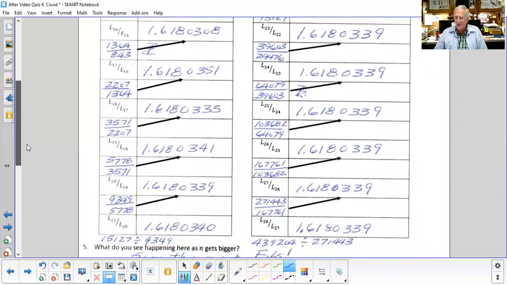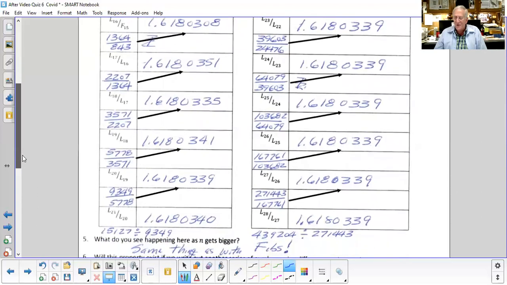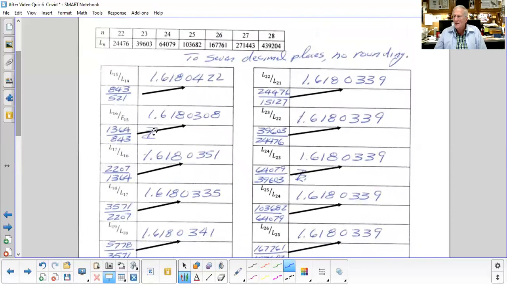And notice something. Don't these look familiar over here? As we got up finally to Luca 20 divided by Luca 19, we got pretty close to the answer we got every time on the other side. By the time we got to Luca 22 divided by Luca 21, the answer was 1.6180339 every single time beyond there, okay?